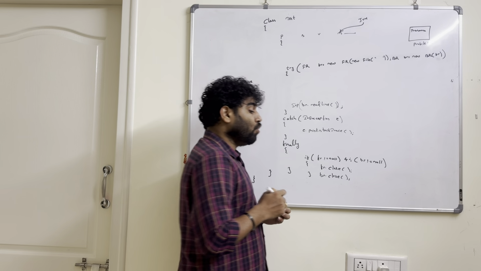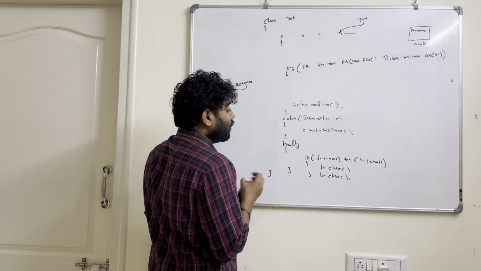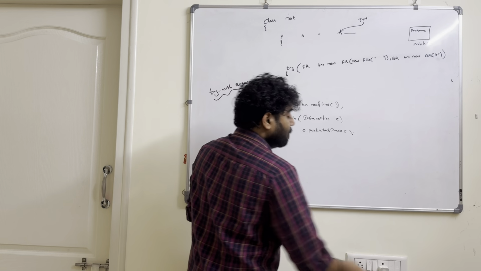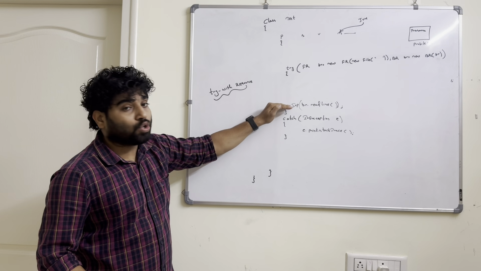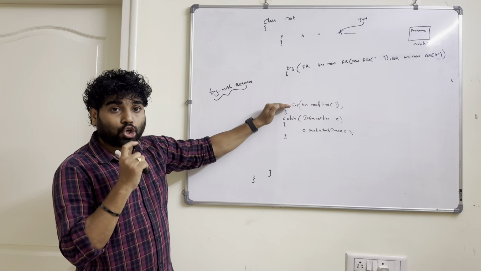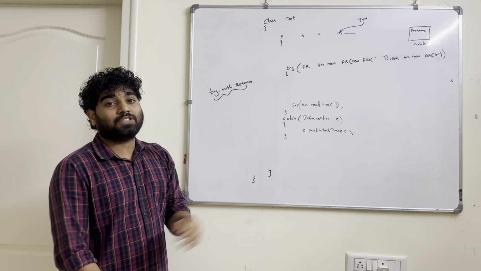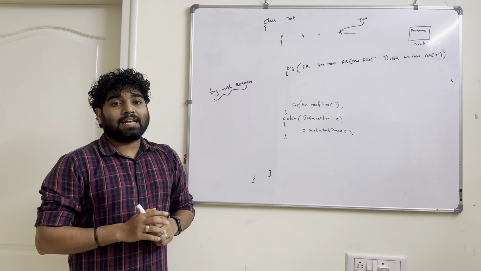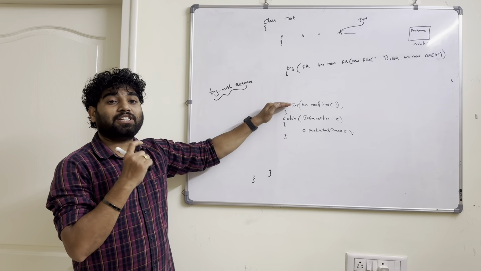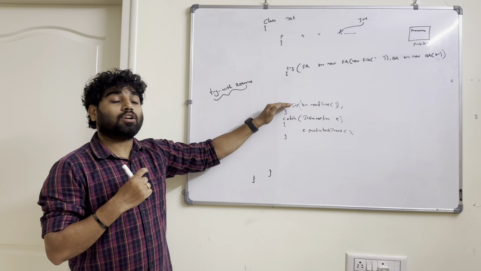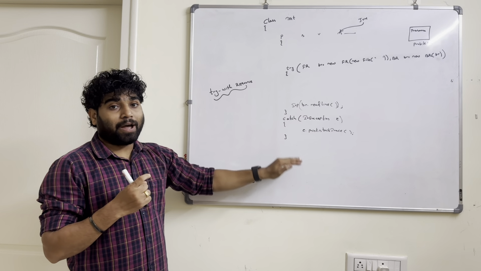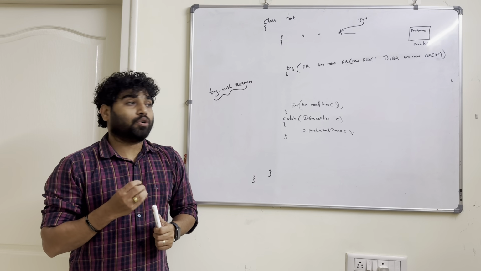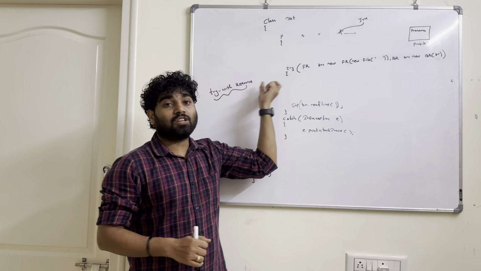So as a programmer, we no need to explicitly write the finally block. Once the job of the resource object is done, the resource object will get closed itself. We should not write the closing operation explicitly. So that is nothing but try with resources.